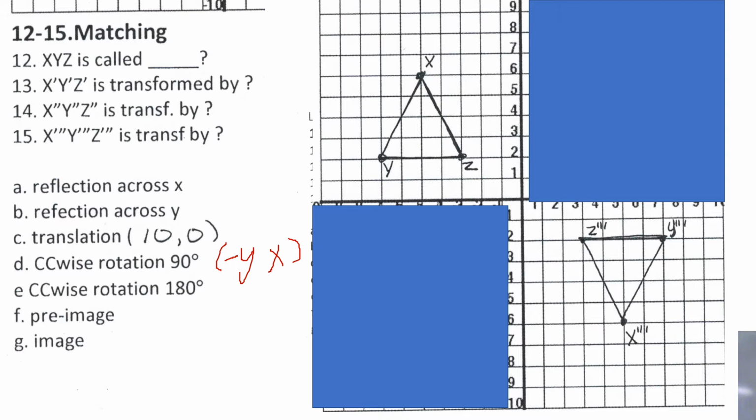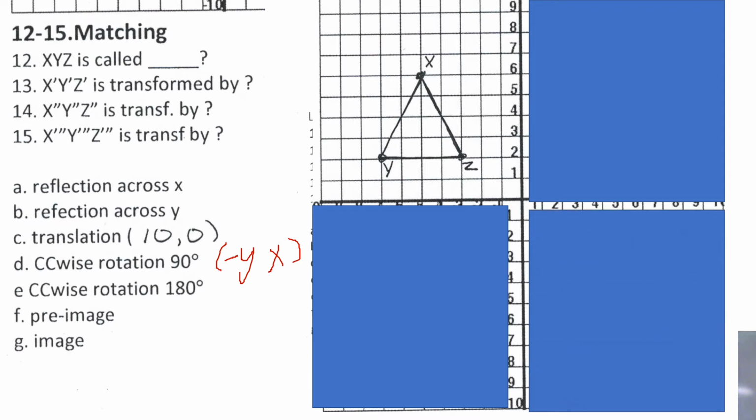So if I had done a 90 from this original, I'll cover it back up. There. If I had done a 90 from that and made it come down here, then the Y was, I can't even see it, probably about -7, 2.